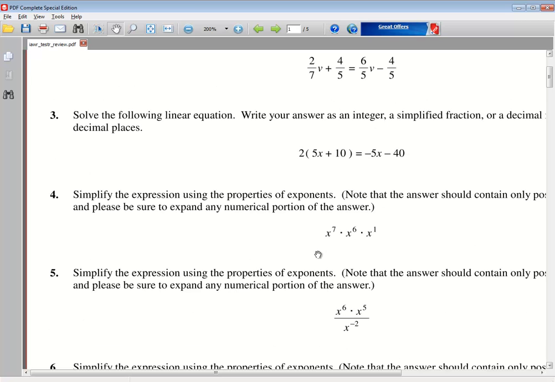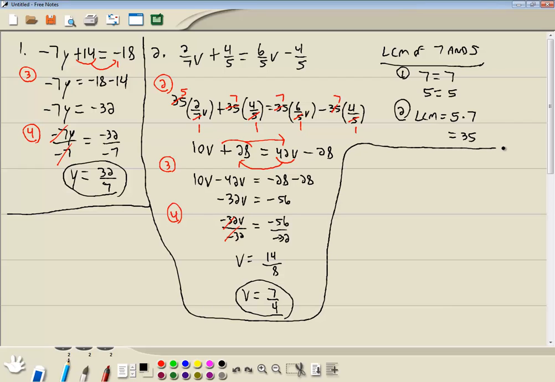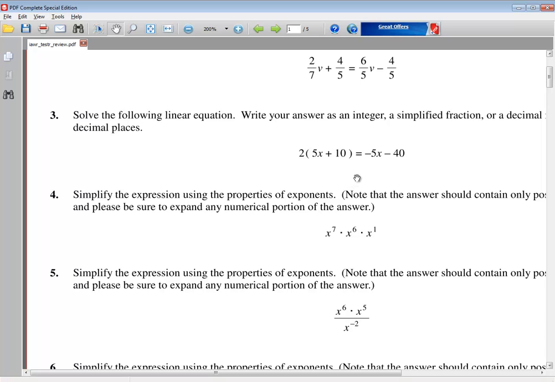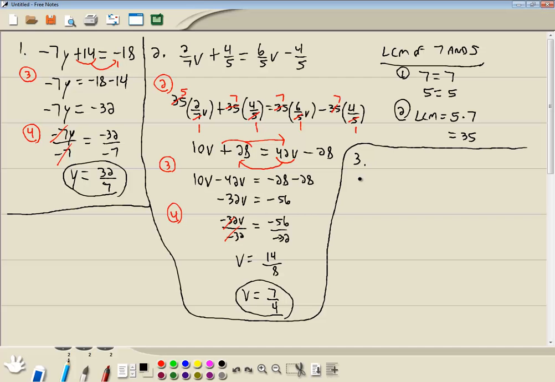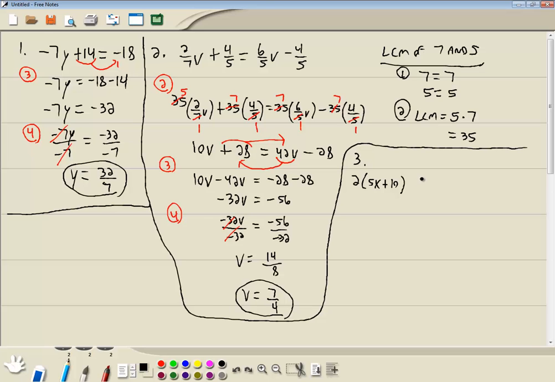Okay, number 3. Okay, we got 2 times 5x plus 10 equals negative 5x minus 40.